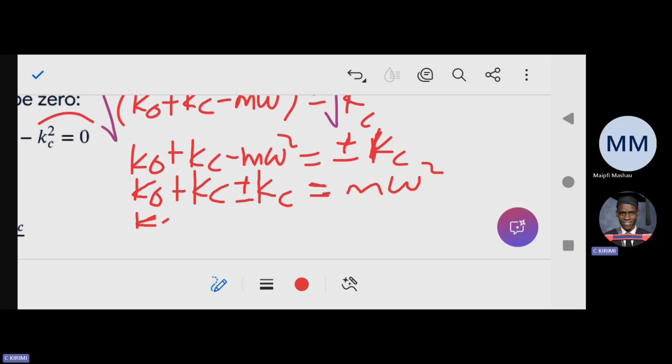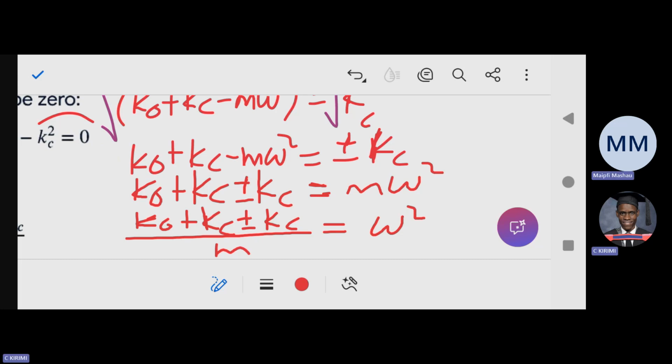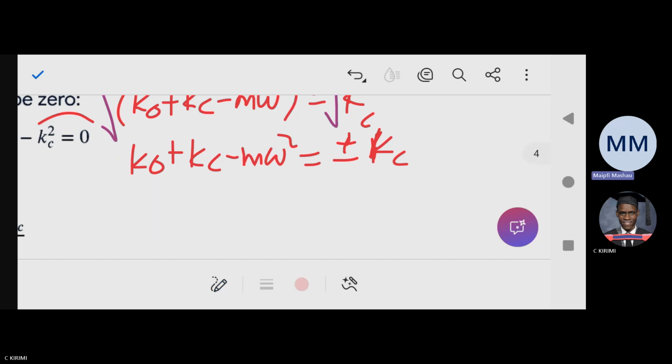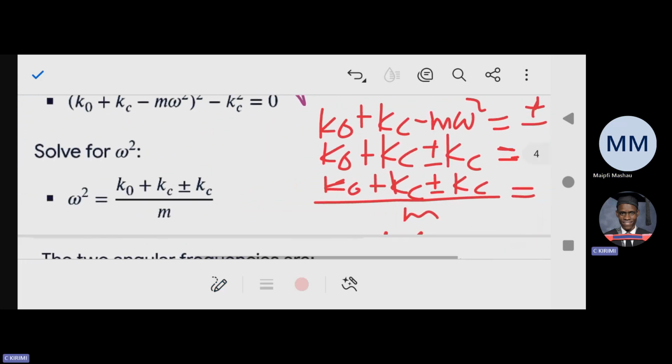So it will be K naught plus Kc plus or minus Kc, everything divided by m is equal to omega squared. Is that clear? I want omega, which means I'm going to get the square root of everything that is there, isn't it?